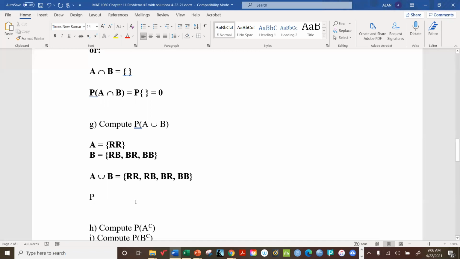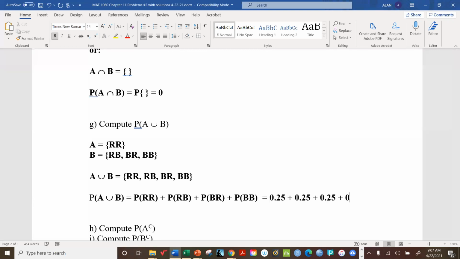Therefore, the probability of that union could be thought of as the probability of the individual elements. Okay, so that works out to be 1.